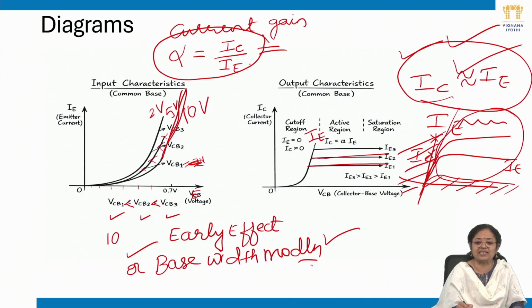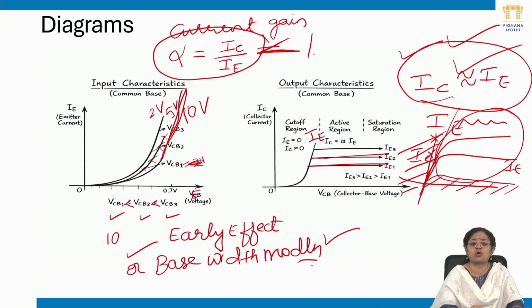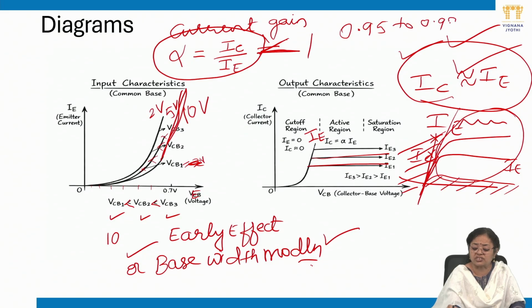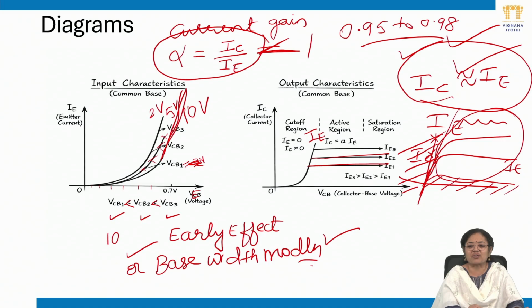In fact, IC is a little bit smaller than IE. Therefore this is always less than 1. The current gain alpha for common base is always less than 1. We observe that the value is 0.95 to 0.98. So the current gain is very poor in the common base configuration, hence it is rarely used.